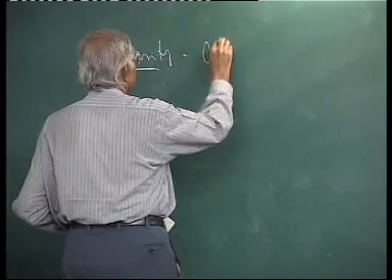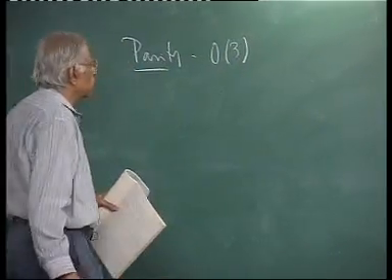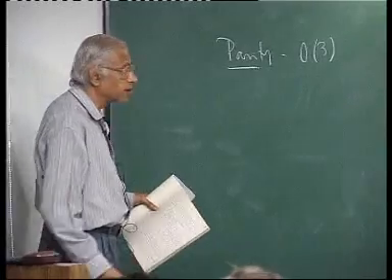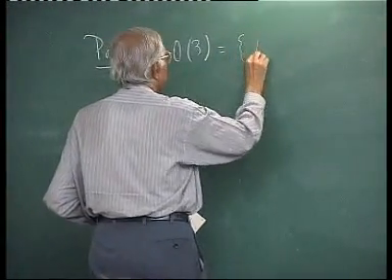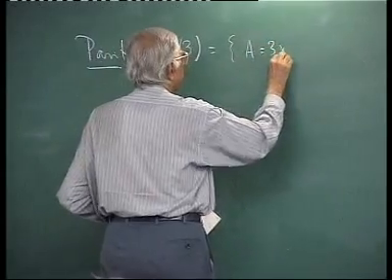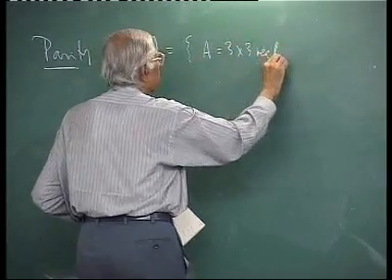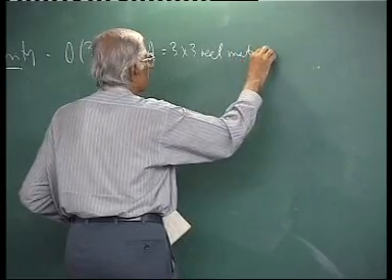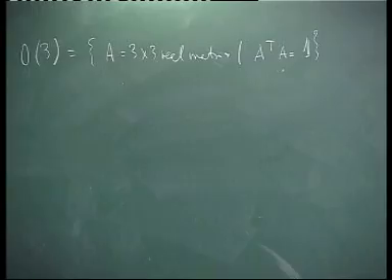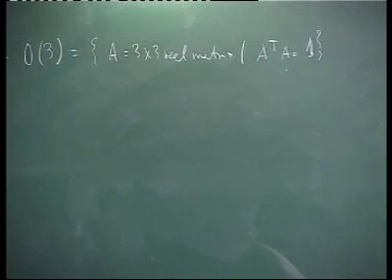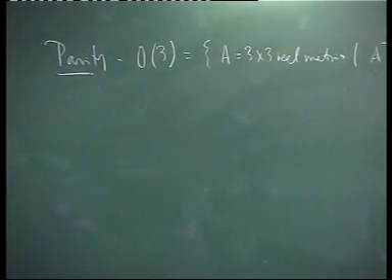Inclusion of parity. This leads to a group called the full orthogonal group. It is written as O3. And so let us begin with a defining representation for it. What are the conditions? A transpose A equals the identity. So this is the defining representation, the definition of the full rotation group.